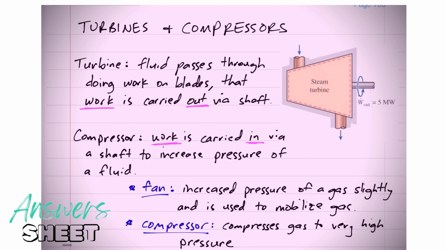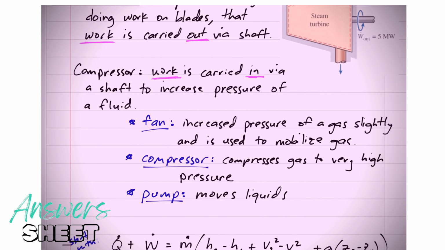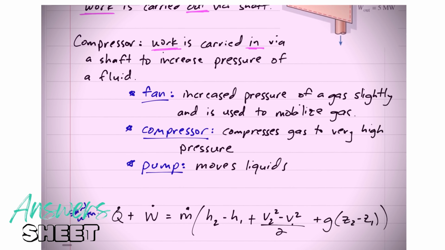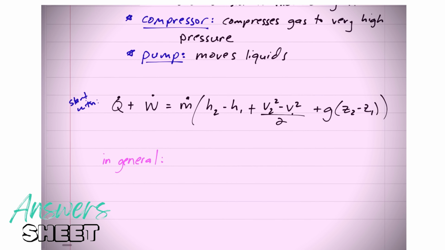We put work in in order to push blades that will push the fluid out. So for turbines, work is carried out via the shaft. For a compressor, work is carried in via the shaft. But it's the same device, just plugged in backwards.